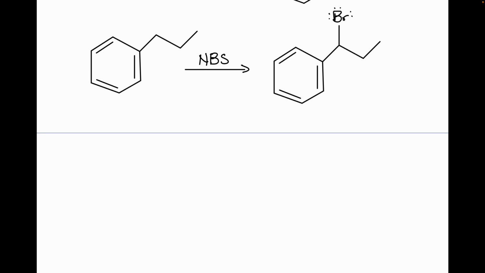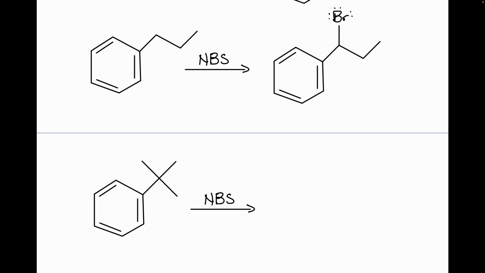Let's do one more here. What if we put a tert-butyl group on our benzene ring? What would our product be? Well, my organic chemistry brain is going to explode if somebody puts a bromine right here.